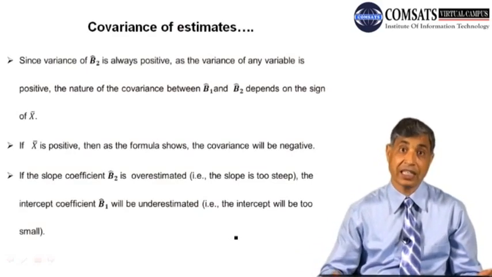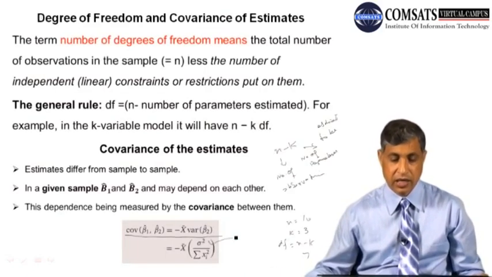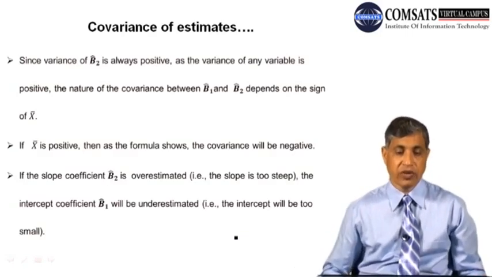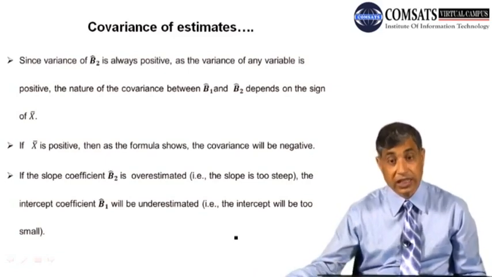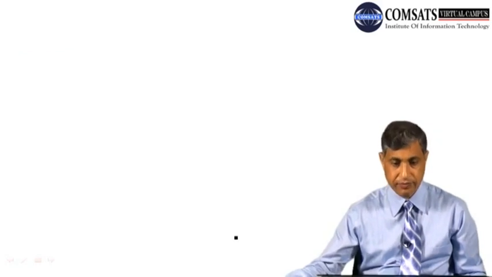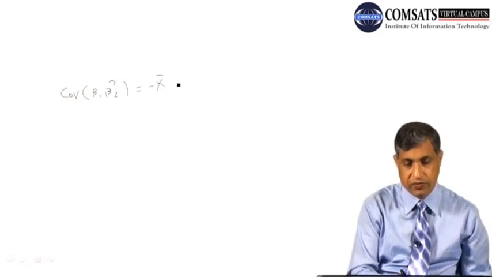So if we look here, what is the relationship? Since the variance of beta 2 hat is positive, look here, the variance of any number is a positive number. So the nature of the covariance between beta 1 hat and beta 2 hat depends on the sign of x bar. If I write it here, the covariance of beta 1 hat, beta 2 hat is equal to minus x bar times the variance of beta 2 hat.